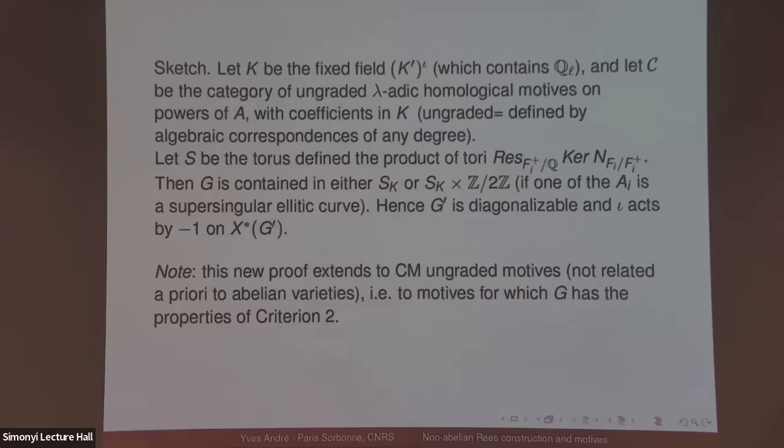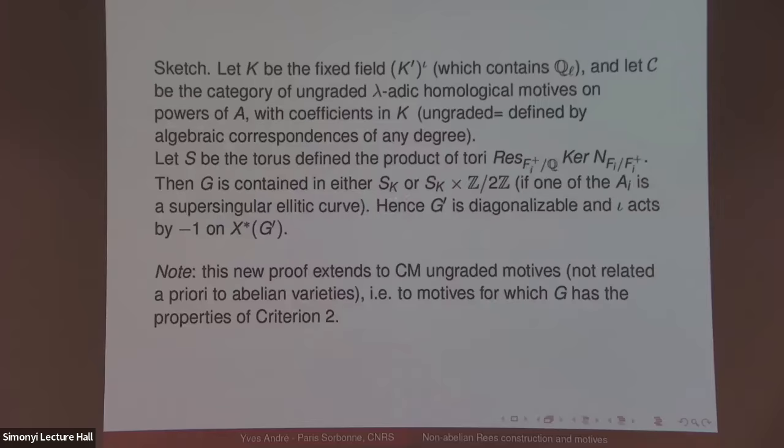Now let S be the torus defined as a product of tori, the kernel of the norms over the fixed field by C. Then it turns out that G is contained in either this, the extension of S to K, or maybe the product of the extension of S to K by Z/2Z, if one of the A_i is a supersingular elliptic curve.